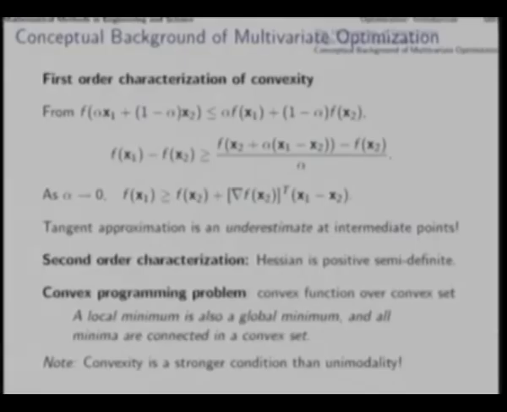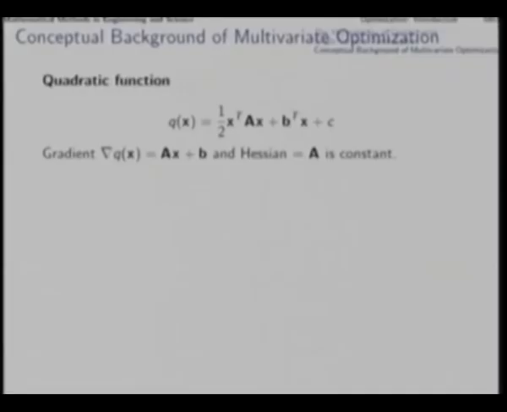Further, a nicely behaved function you will find in a quadratic function, which could be convex or could be non-convex also, but a convex quadratic function turns out to be a benchmark problem against which all optimization algorithms are qualified.